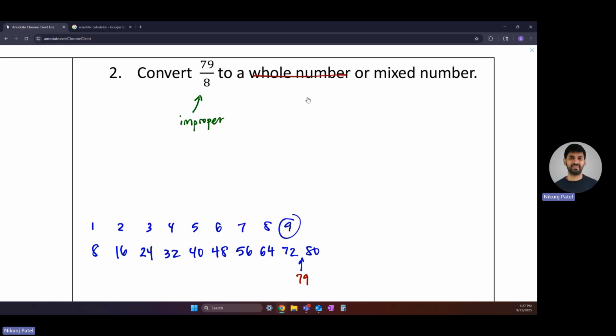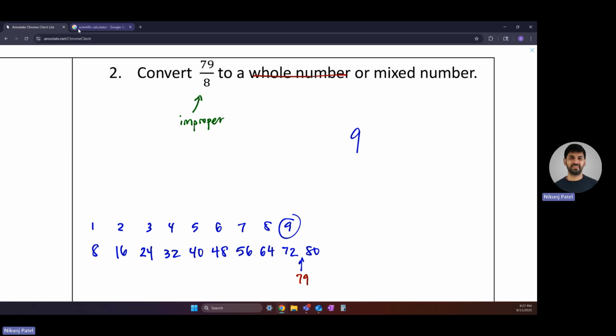So there's our whole number. How many times does this fraction over 8 complete the value of 8 before we get to the number 79? It goes up to 72 and then it passes at 80. So we don't want to go one past it. We want to stay right before it. So our first number in the mixed number is going to be a whole number of 9.